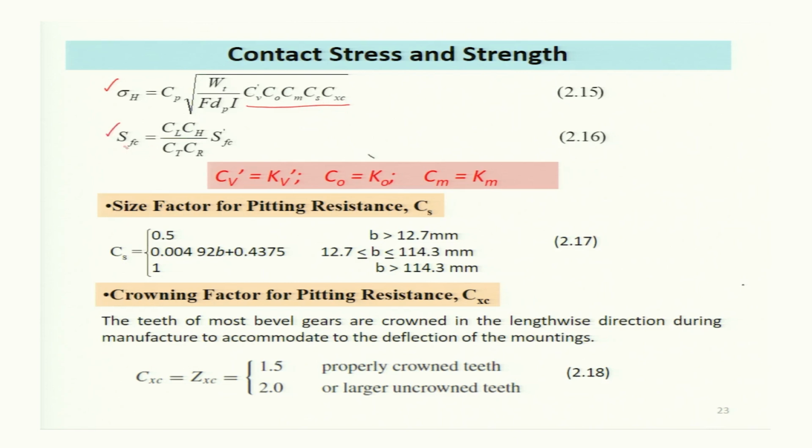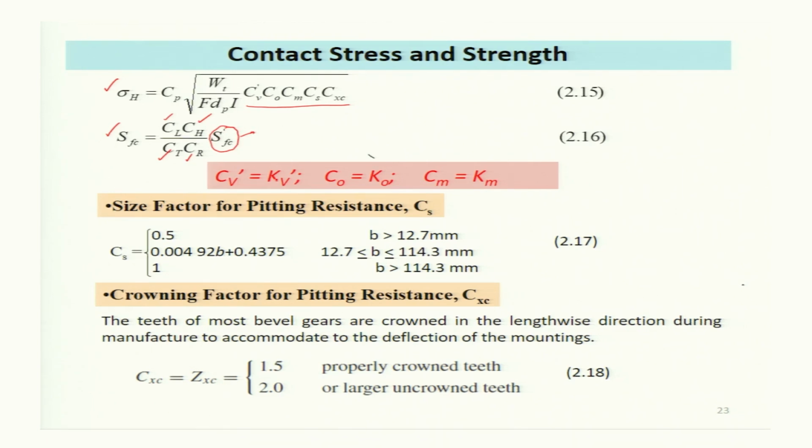And this is the equation of the strength, and this is the strength which is obtained from the literature, and the value of strength obtained from the literature is multiplied by different factors if the condition is different than the condition for which this SFC dash was determined, because this is for life 1 into 10 to the power 7, temperature, room temperature, or up to 120 degrees centigrade, and reliability equal to 99.